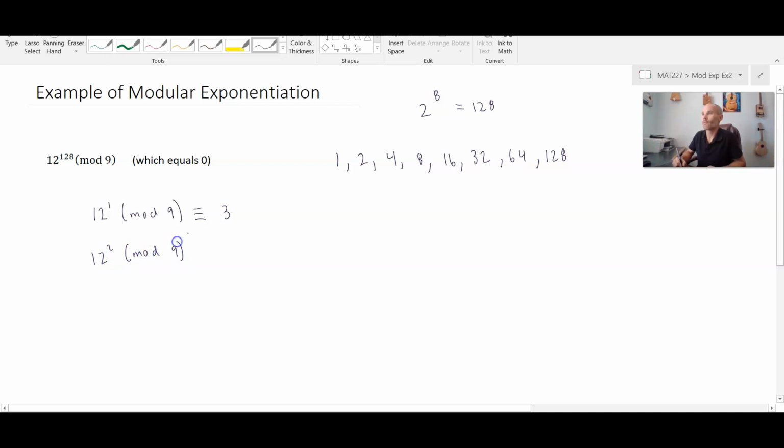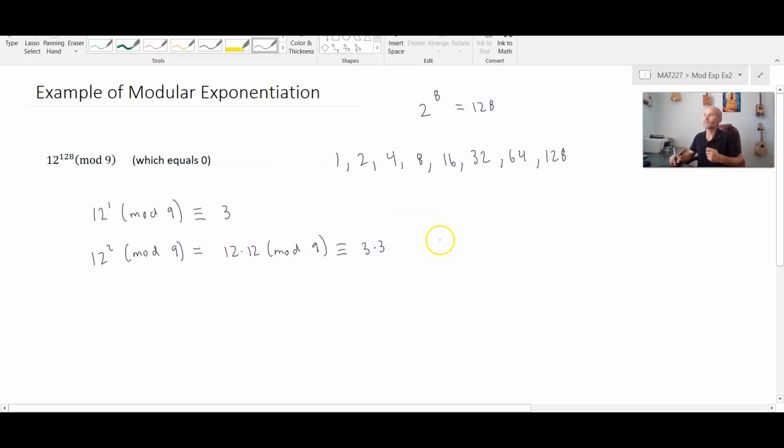So we're going to carry out now 12 squared mod 9. And 12 squared mod 9 is equal to 12 times 12 mod 9. And by our theorem, this means that if you take the product of two numbers, each of which individually is modded with 9, then that's congruent to the product of their remainders, which in this case is 3 times 3.